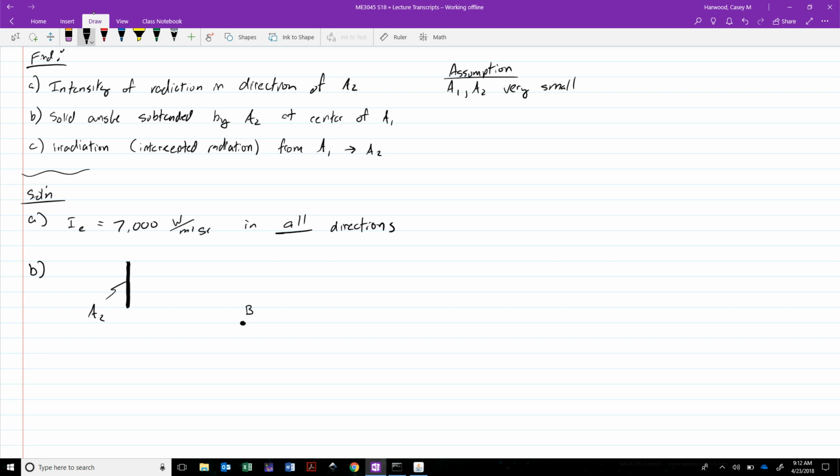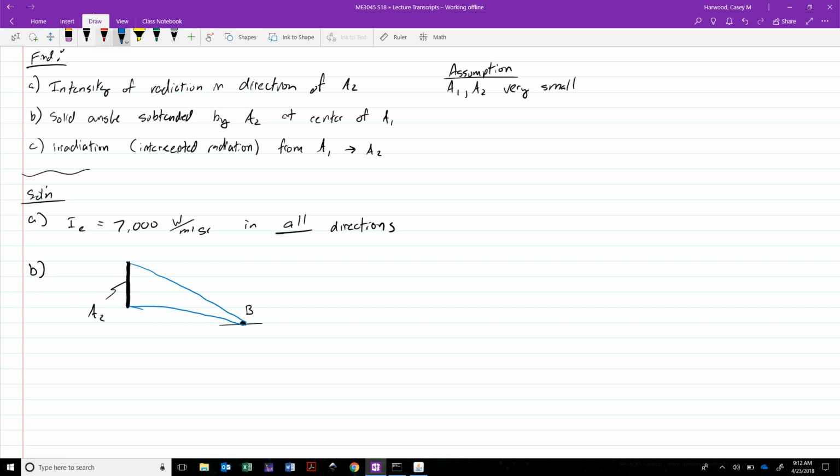Here's our point B, which is on A1, of course. So what we're interested in is figuring out the solid angle represented by this projected kind of cone or pyramid or whatever cross section it has. We don't know anything about the shape of A2. It could be a flat plate square, it could be star shaped, it could be some random organic shape. The question is what's going to be omega.